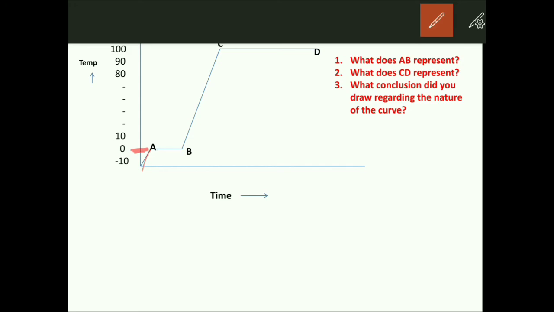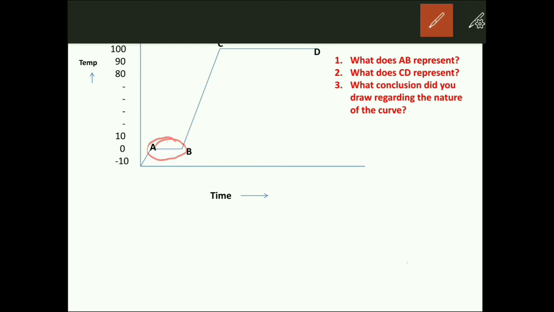Again after 0 degrees Celsius, this is straight. What does it indicate? It indicates the temperature is not increasing because ice is melting at this point. That's why there is no change in temperature.